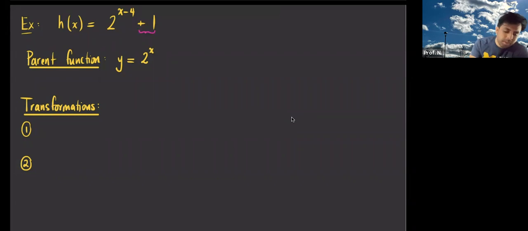And what about this one here? What does this indicate? When you subtract 4 from the x only, what kind of shift is that? That's right. So that is the horizontal shift to the right.